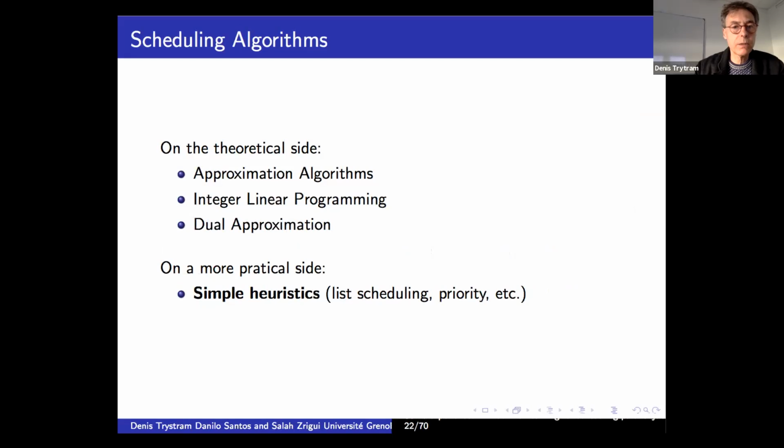Now, how to solve this scheduling problem? We have a lot of theoretical studies. We can have approximation algorithms with bounds, you can use integer linear programs, some new techniques like dual approximations or dual fitting, whatever. And you have a completely different side, which is the practical side of what is running on these systems. These are very simple heuristics, as you will see. I will develop one here, and we will give the experiments according to this simple heuristic.